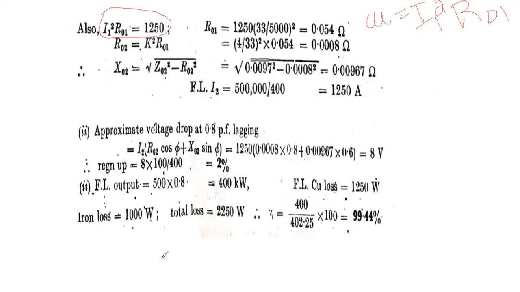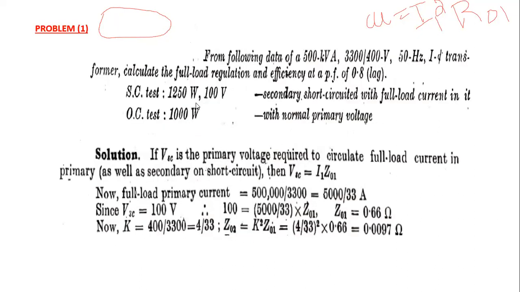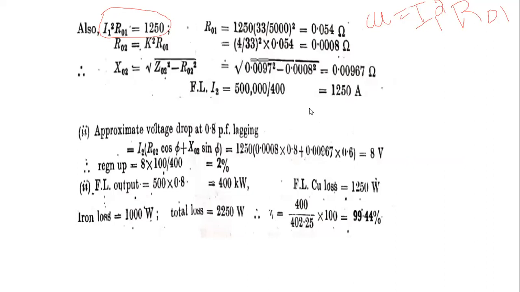The copper loss is given in the question as WSC, which is equal to 1250. Therefore, 1250 is equal to I1 squared into R01. What is the I1 current?